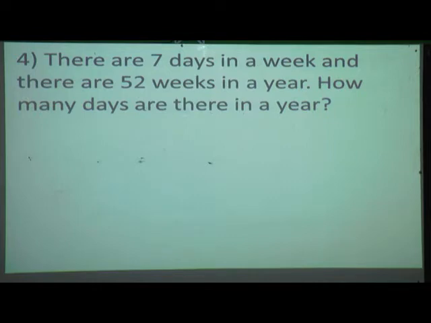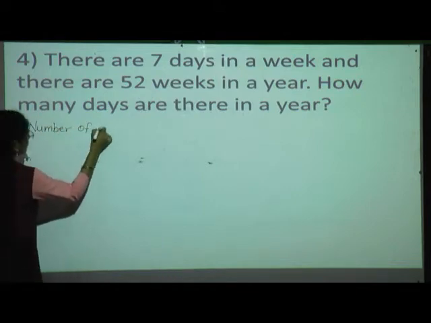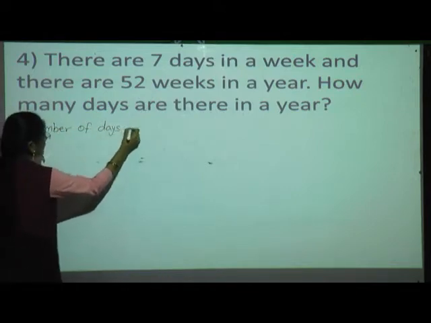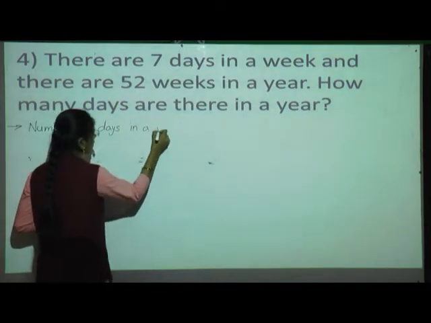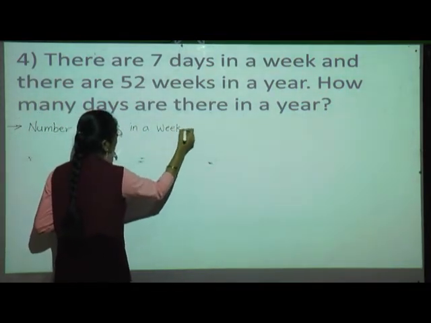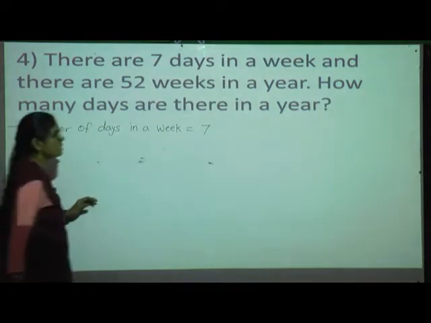Now see what they have given us. There are 7 days in a week. Number of days in a week. How many days are there in a week? In a week there are 7 days.